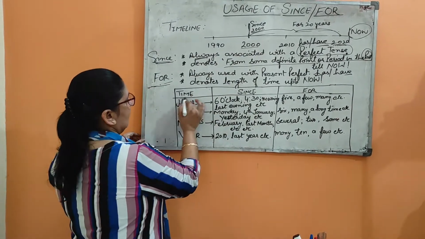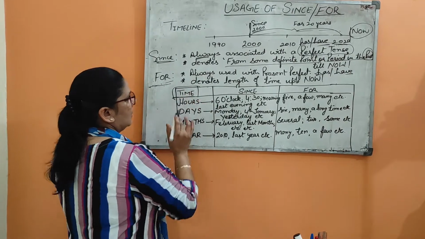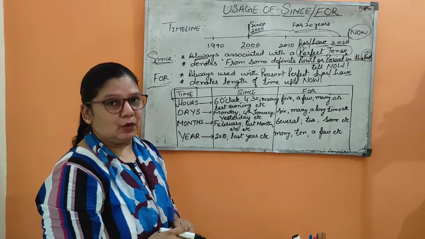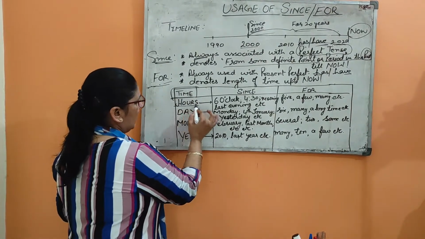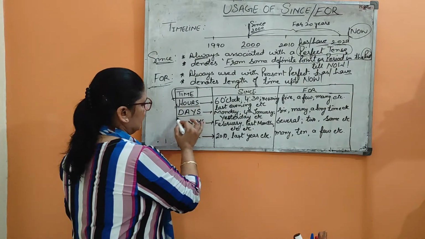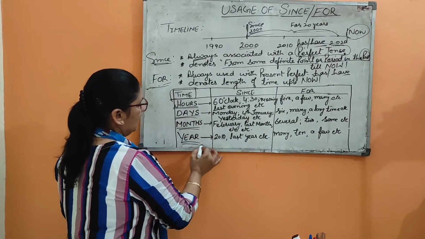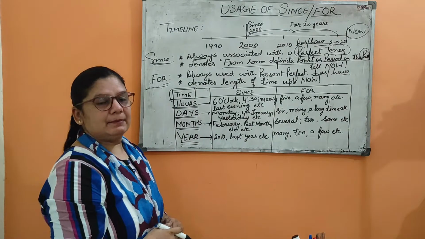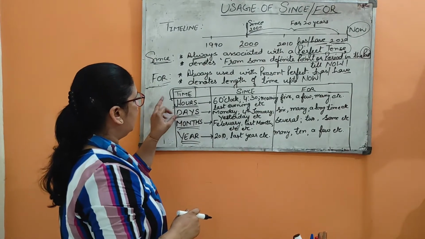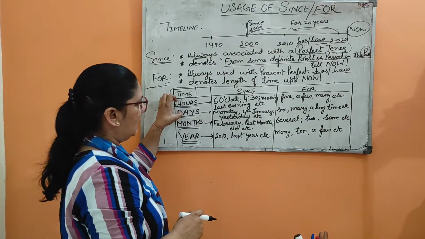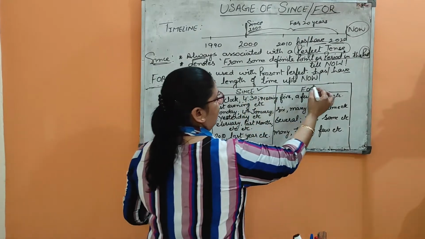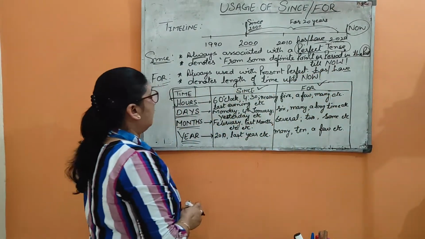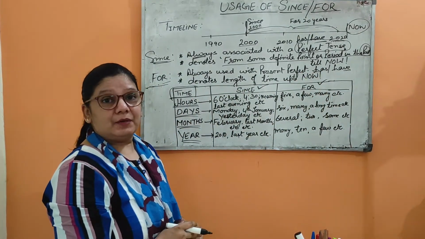When we say time, I am again talking about time because without time there is no tense at all. When we talk about hours, days, months, years, they all tell us about time. When we have to speak particularly about hours, we may use either since or for. But when to use since and when to use for?